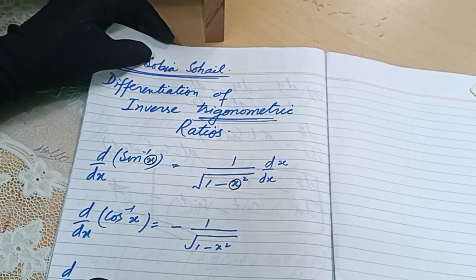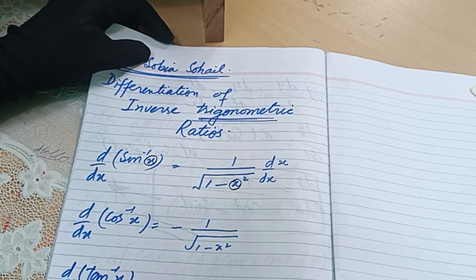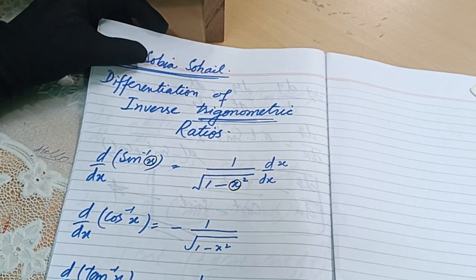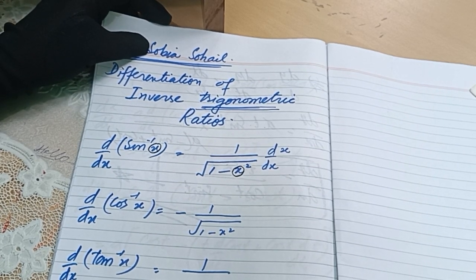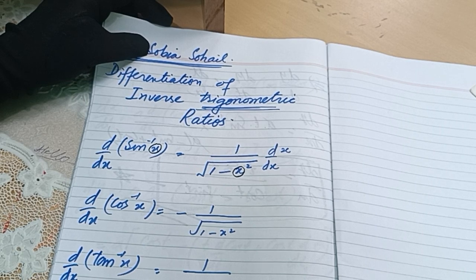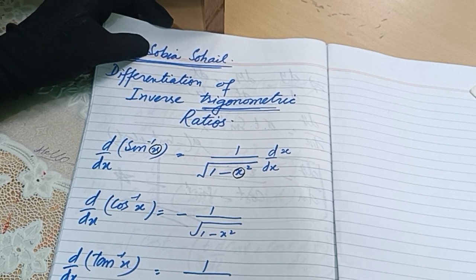Then the derivative of tangent inverse of x is 1 over 1 plus x square. So the derivative of cotangent inverse will be equal to minus 1 over 1 plus x square.